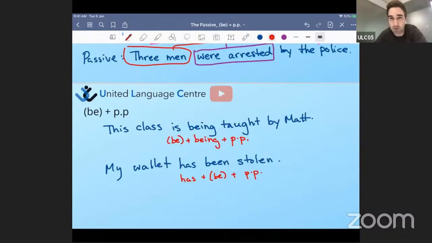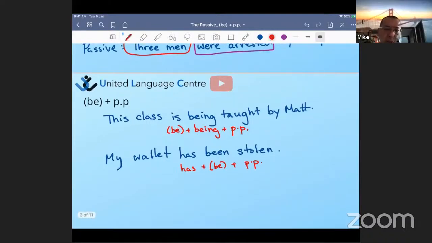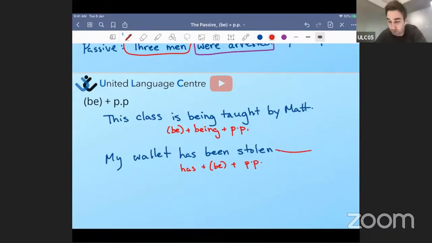How do we say this in active? Because we don't have by, right? We don't have the person. So in this case, I can say someone, or somebody, because I don't know.